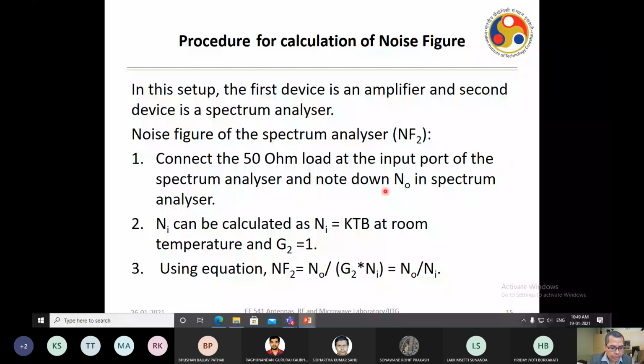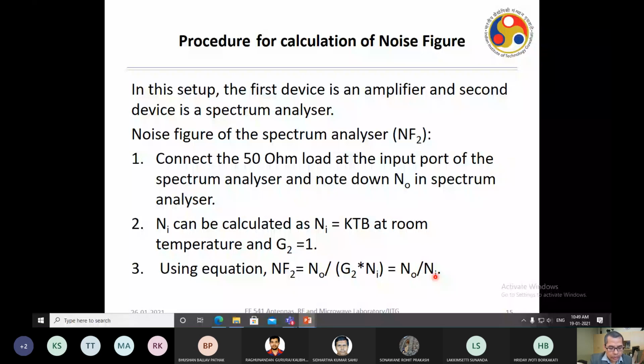G2, the gain of the spectrum analyzer, is 1. Ni is KTB. N naught is what you are reading. So after connecting the match load to the spectrum analyzer, you can find out the noise figure of the spectrum analyzer, which is NF2. It will simply be N naught by Ni.